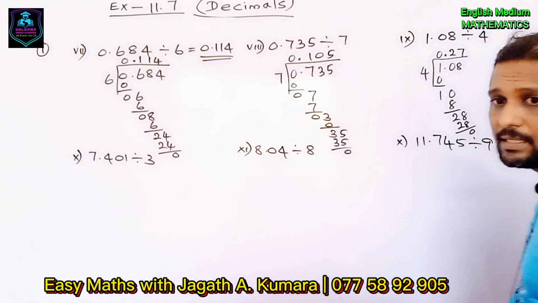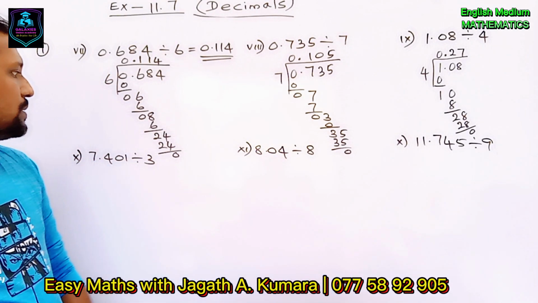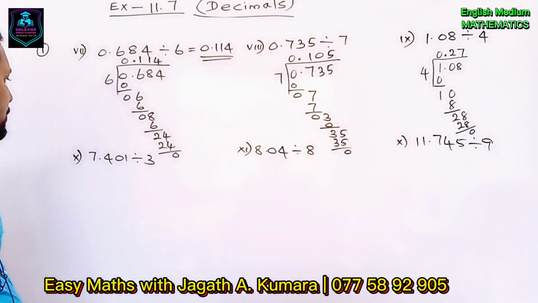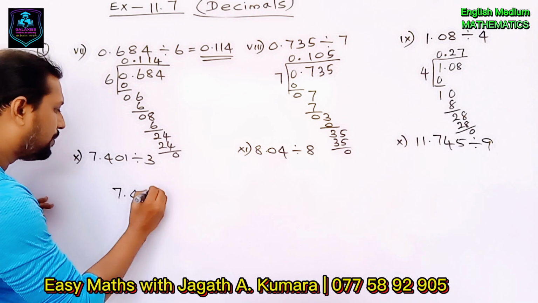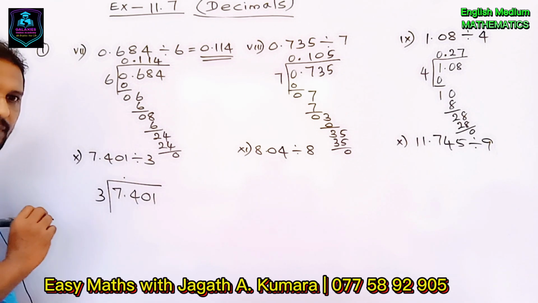So the answer is 0.27, right? Then another 3 parts remaining of this exercise. To complete this, 7.401 divide 3. First you keep the decimal point, right?